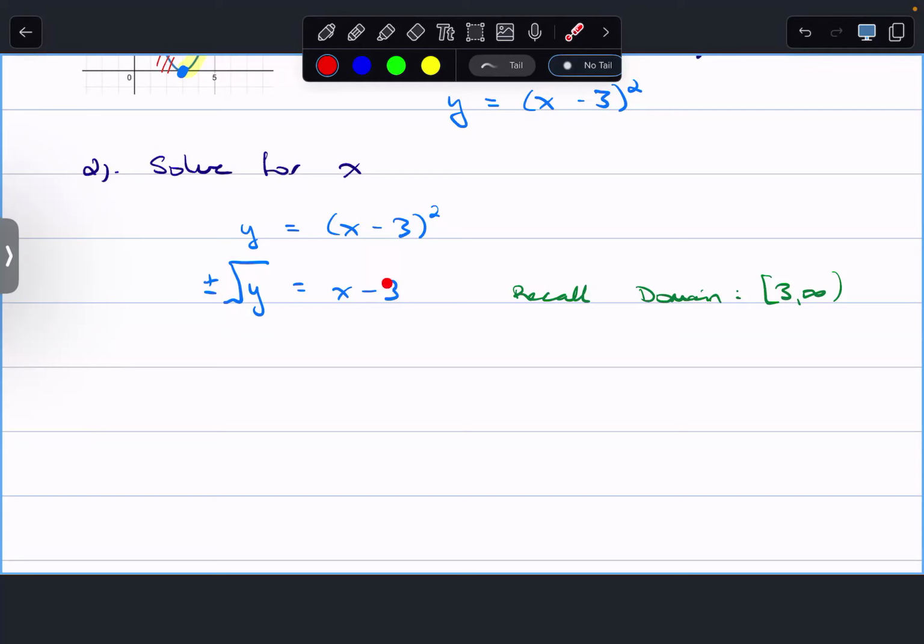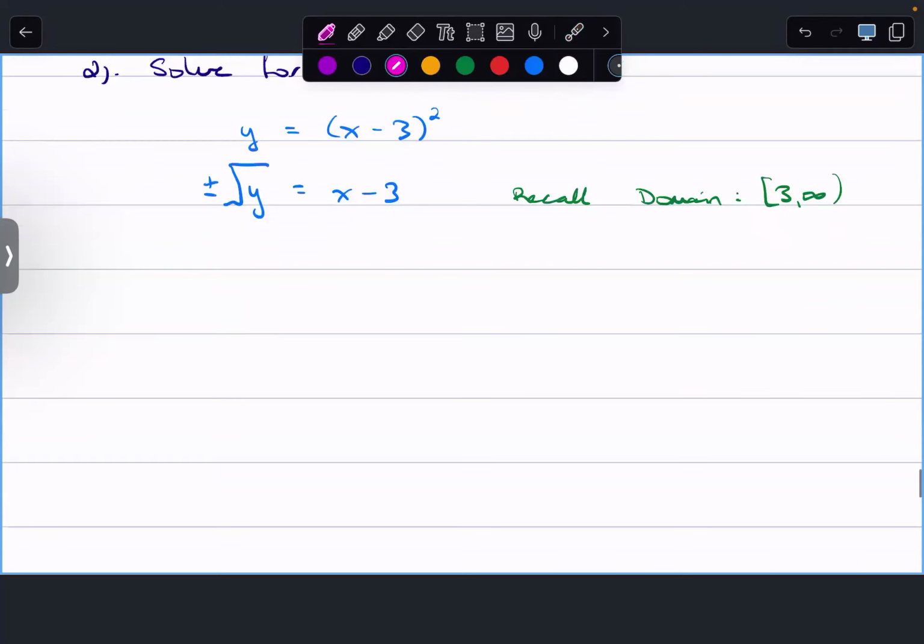So what does that mean in terms of this plus minus, which is technically true, but we've restricted the domain to only consider the positive versions of the square root, right? And so that's why we restricted that domain. Okay, so I'm going to do that in pink, on the restricted domain.